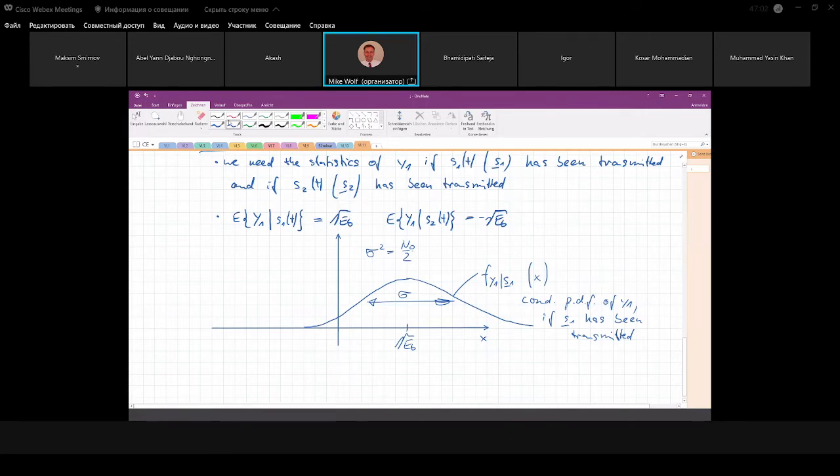And then in the other case, if I transmit the second signal, so let's say a binary 0, without noise I would always get minus square root of E. But then I have to consider the noise, and sometimes I receive more, sometimes I receive less.